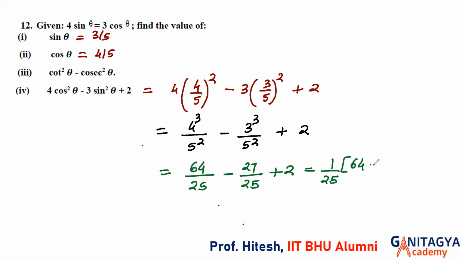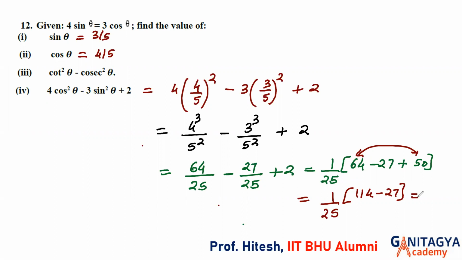So 64 minus 27 plus 25 into 2. So 64 minus 27 plus 50, that is 114 minus 27, 87 upon 25. So it will be very good, perfect, 87/25.